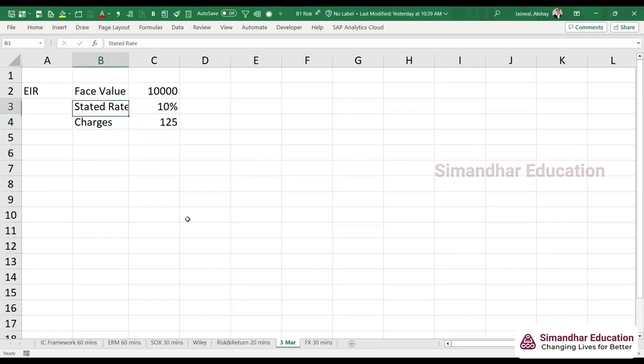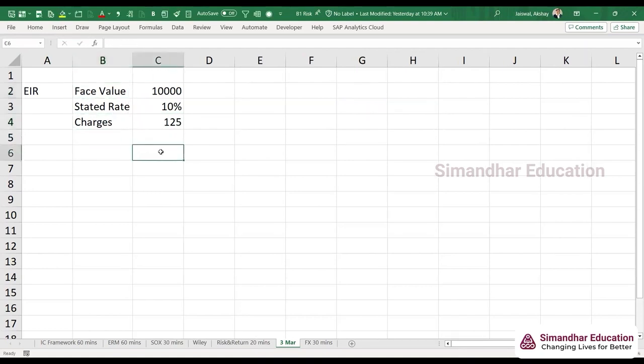Now, if I'm taking a loan or issuing a bond, what will I be able to use? Will it be the $10,000 that I get in cash? Correct, it will not be $10,000. We'll be getting less, net of charges, brokerage, etc. Yes, correct, Rajeshwari. So we will calculate the net inflow, 10,000 minus 125, and the outflow will be on face value only.